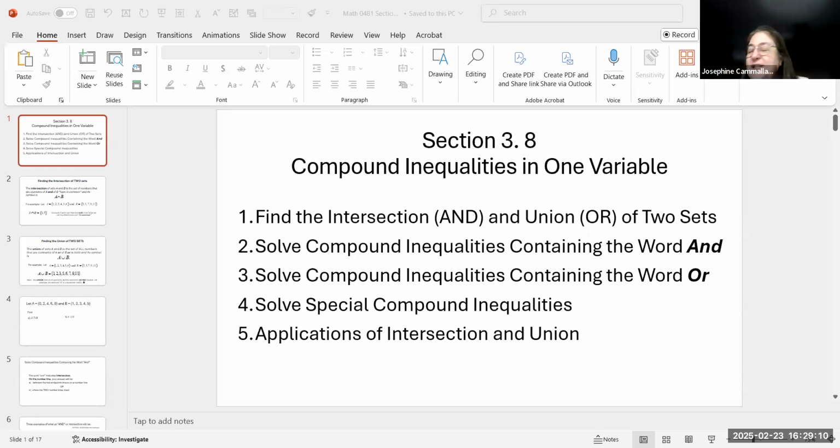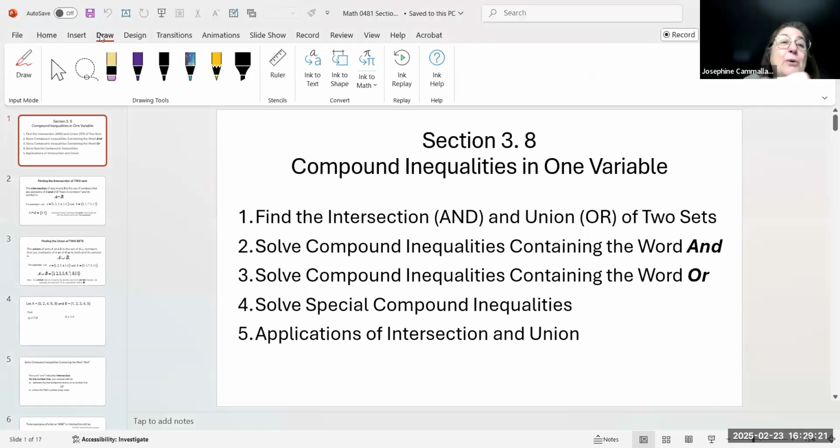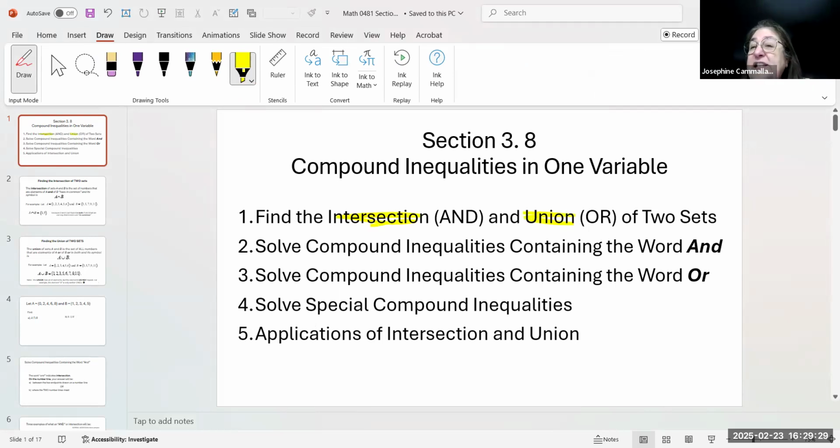Now, this is going to again continue with compound inequalities, but it's going to be doing a little bit more. It is going to be talking about an intersection and a union. And these are specific symbols that you're going to be working with.